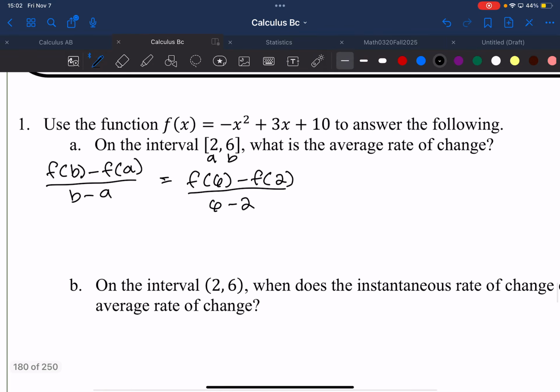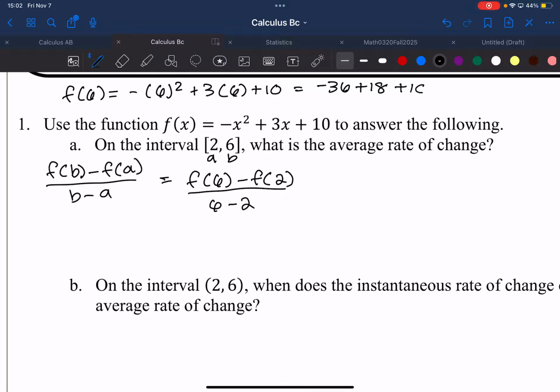Plug it in. We have f of 6 is equal to negative 6 squared plus 3 times 6 plus 10, which is negative 36 plus 18 plus 10, which is negative 8. We're just plugging it into f of x.